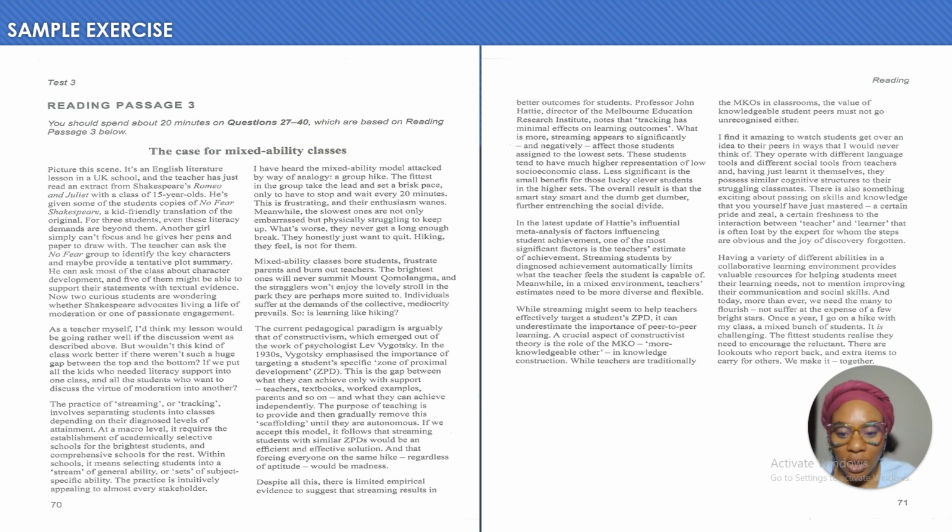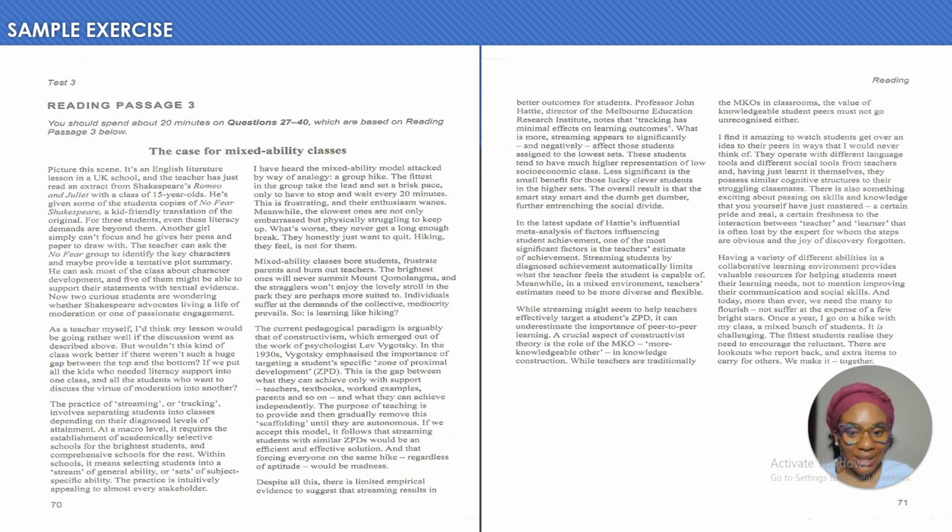Okay? So from what I read in this paragraph, this person obviously does not support having every single child with different abilities in the same class, right? Because he started by talking about, first of all, measuring or targeting every student's ZDP, which is zone of proximal development, right?